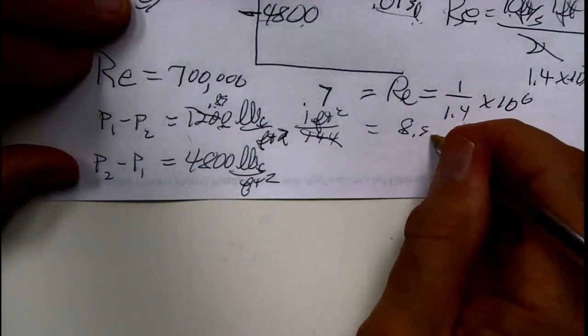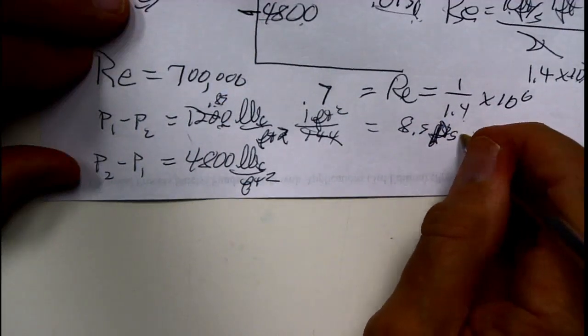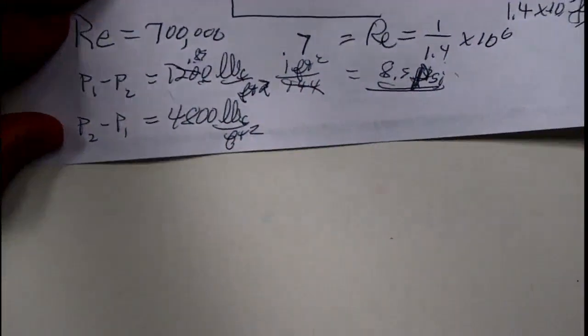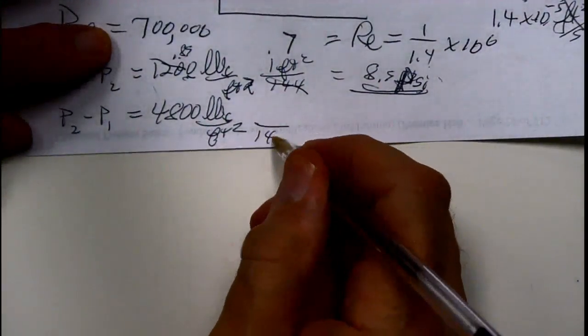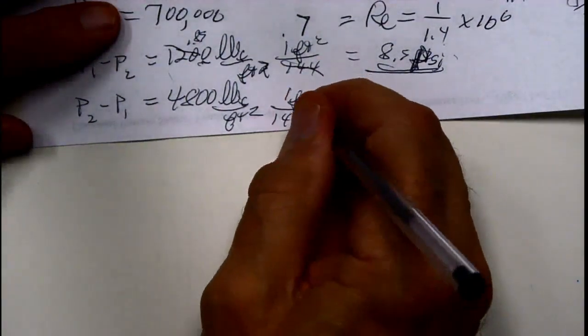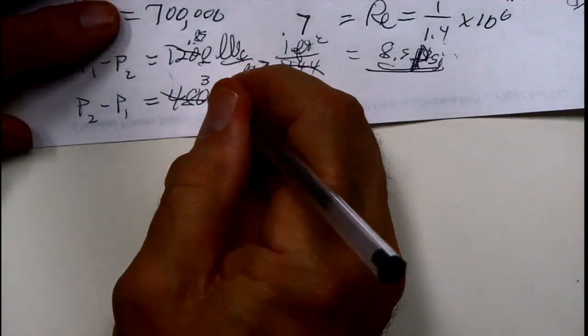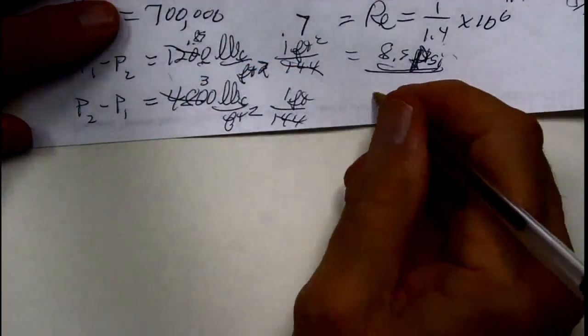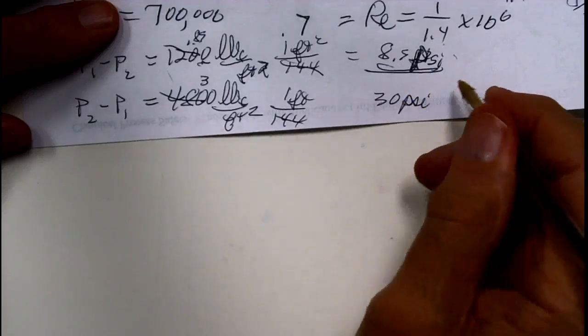So I have 8 PSI or so, pounds per square inch. And over here, I divide by 144, right, per square foot. So 144 might go into that 3 times. So I have 30 PSI sitting there, roughly.